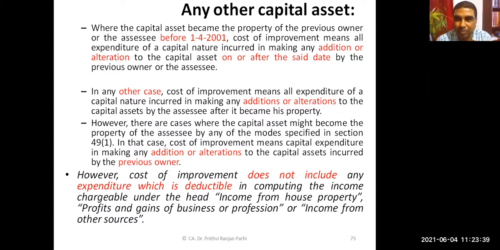So cost of improvement does not include any expenditure which is deductible in computing income chargeable under the head income from house property, profits and gains of business or profession, or income from other sources. Meaning only expenditures of capital nature which have actually contributed as an addition or alteration to the capital asset can be claimed as cost of improvement.